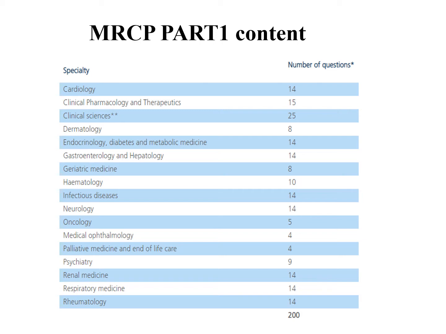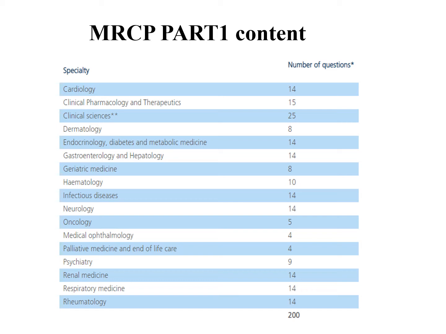As you can see from the slides, the Part 1 contents are quite vast and they include broader subjects such as cardiology, neurology, nephrology, and oncology. Most of these major subjects have 14 to 15 questions out of the 200 questions.